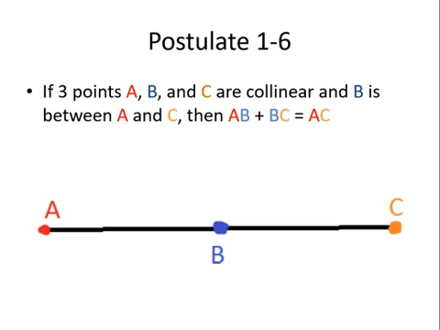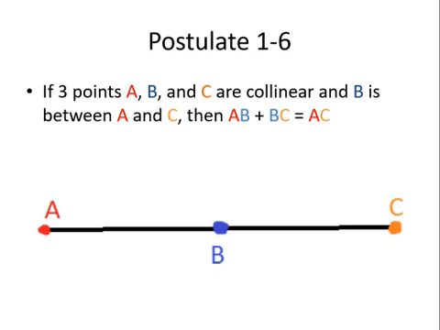If you have a ruler or a piece of string and you cut it somewhere in the middle, not the exact middle, if you take the first segment's length and add it to the last segment's length, they will equal the entire thing.